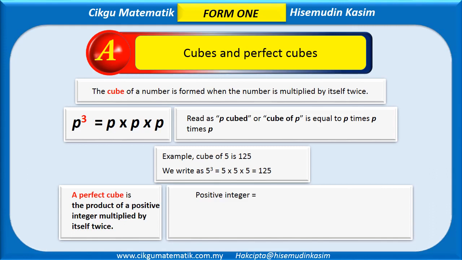Positive integer, perfect cube. 1: 1 times 1 times 1 equal 1. 2: 2 times 2 times 2 equal 8. 3: 3 times 3 times 3 equal 27. 4: 4 times 4 times 4 equal 64.